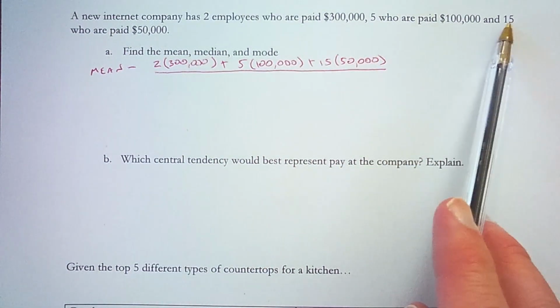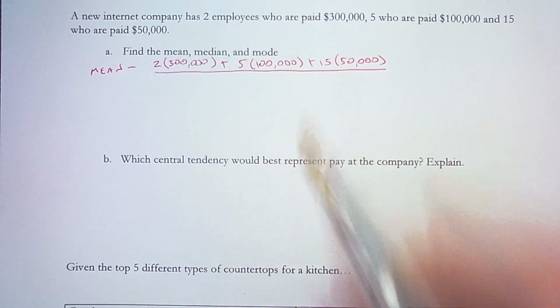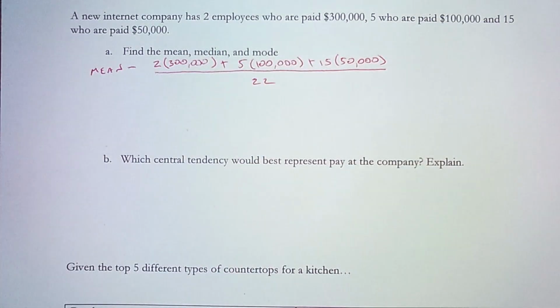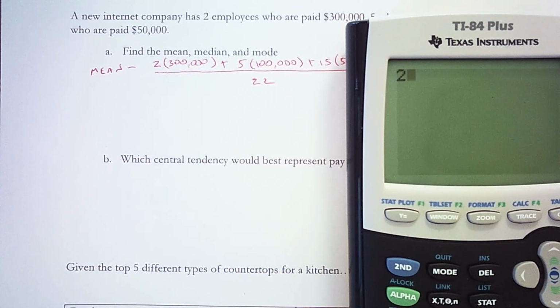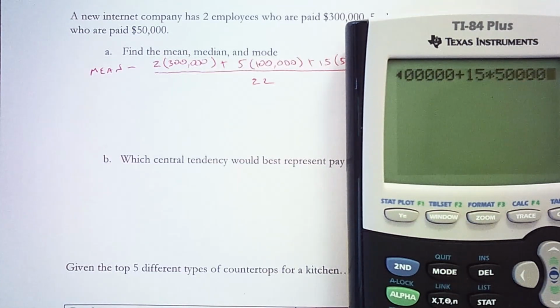So we've got 15 plus 5 is 20 plus 2 is 22. We have 22 employees here. So we've got 2 times 300,000 plus 5 times 100,000 plus 15 times 50,000.